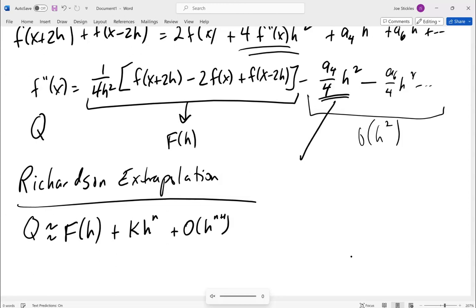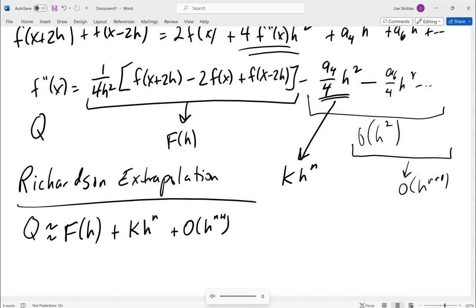This part is that k h to the n, the constant times some h to the power. That's the thing we were saying was the order n approximation. In that previous derivation we just did, it was an order 2 approximation, right? The rest of this is on the order of, well, it's technically h to the fourth, but if it's on the order of h to the fourth, it's also on the order of h cubed. So I've just broken that up into 3 pieces. Okay?